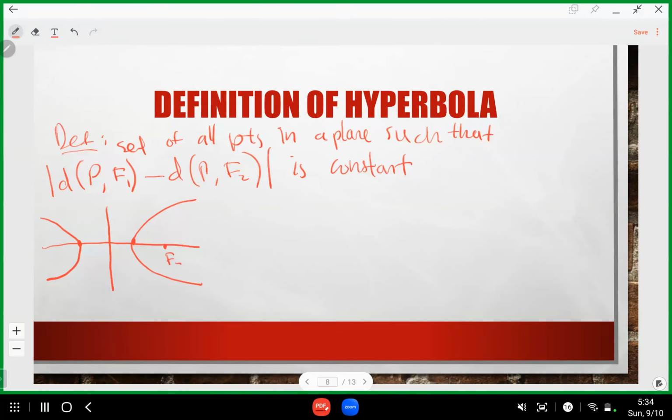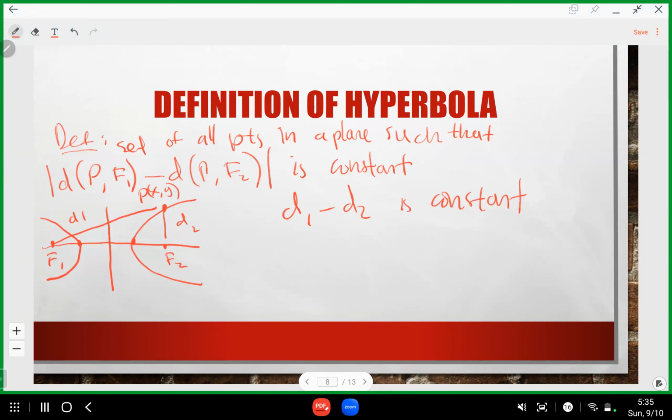This is F2, this is F1, and we have a point here, P(x, y). What this definition is saying is that this is d1 and this is d2, that d1 minus d2 is always constant. No matter where you move P, if P is over here, the difference of the distances is still going to be a constant.